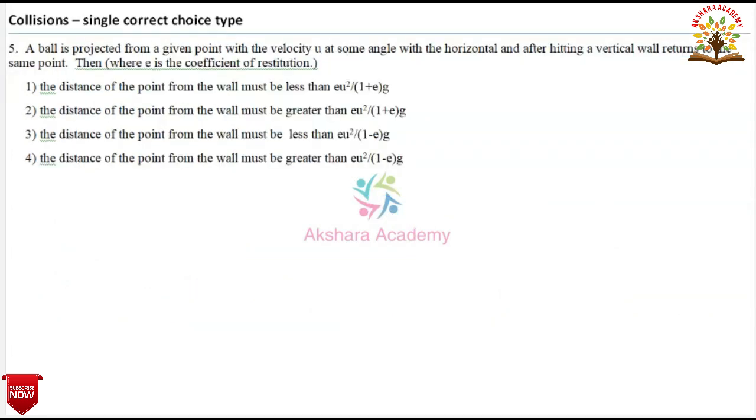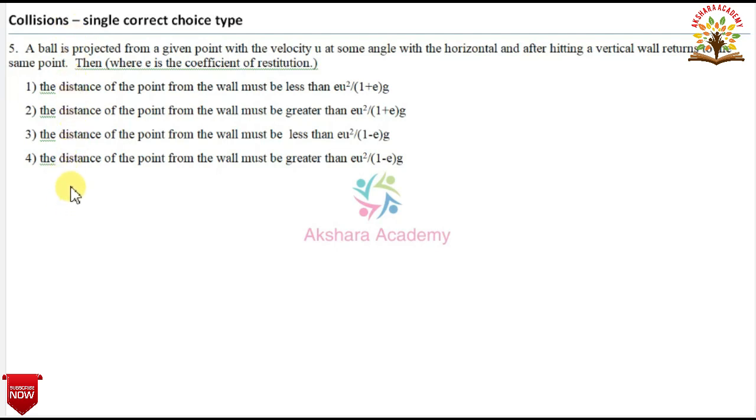In this given problem, a ball is projected from a given point with velocity u at some angle with the horizontal, and after hitting a vertical wall returns to the same point, where e is the coefficient of restitution. Now we have to find the distance.